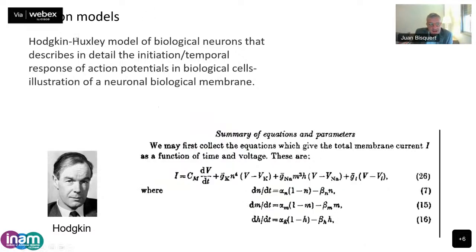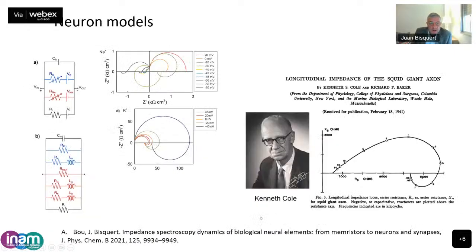So the Hodgkin-Huxley model of 1952 has this conduction equation, and then has three slow variables. You can have many, depending on the complexity of the system, but the structure is exactly the same I showed you before: the capacitive current and then the conduction terms with the three different variables n, m, h. We have calculated the impedance of the Hodgkin-Huxley model, and of course you have the inductor.